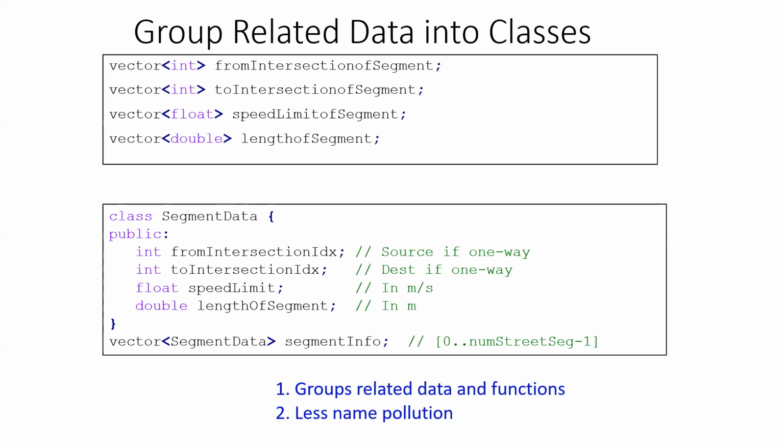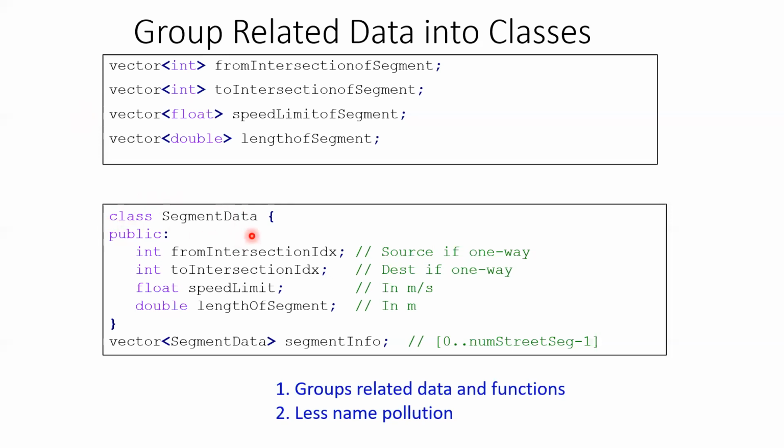So next, group related data into classes. This may be less important because some TAs might not check it. And usually if you can explain why you are putting the data this way, it's fine. But putting them into classes is a good practice because these two chunks of code actually do the same thing.